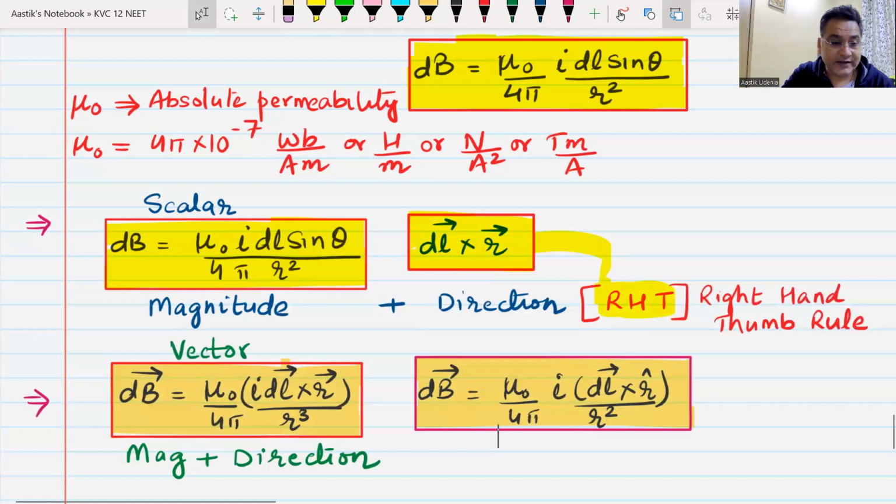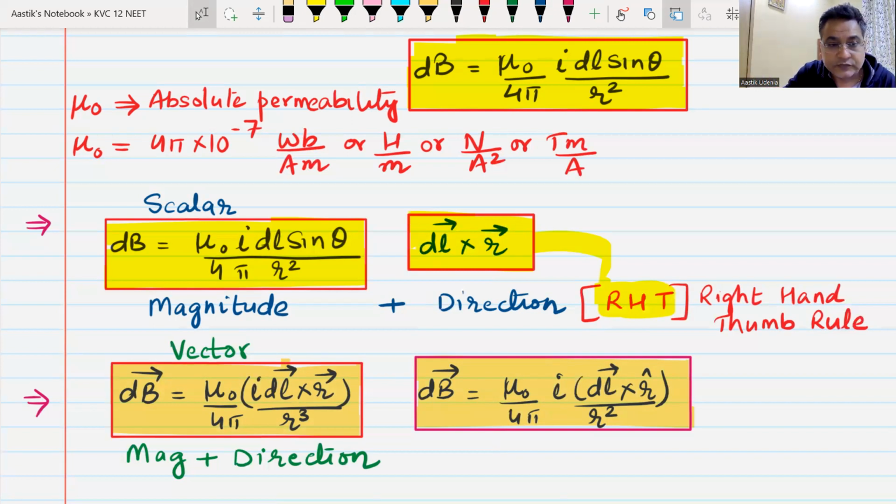Anyone has any idea what is this right hand thumb rule or right hand palm rule? Have you noted this down, everyone?